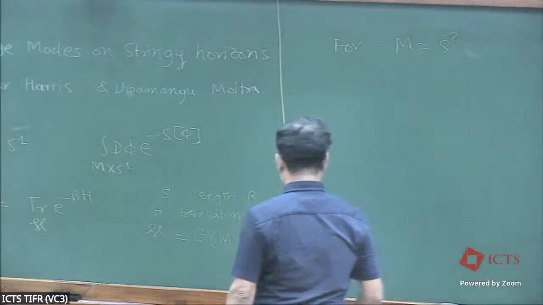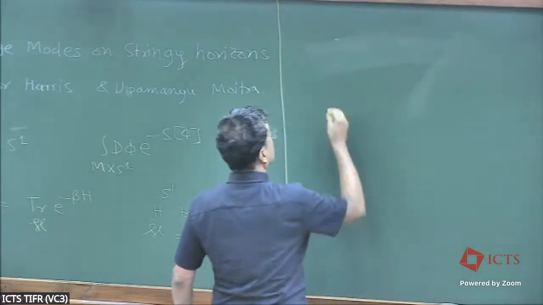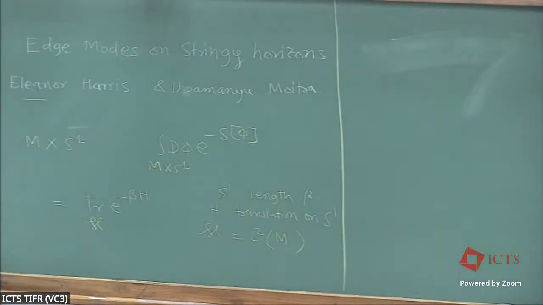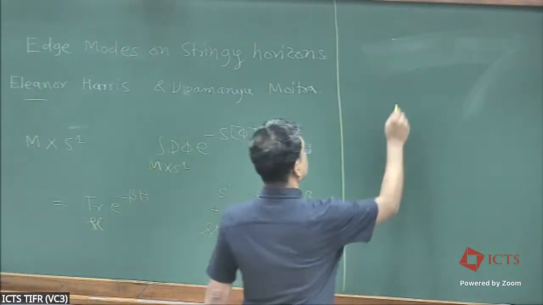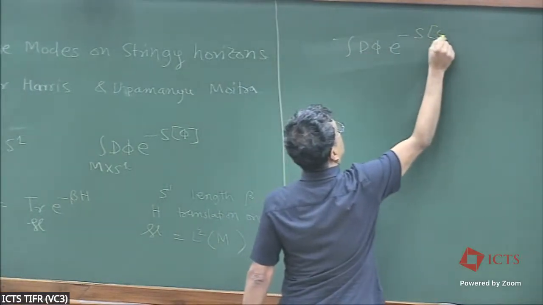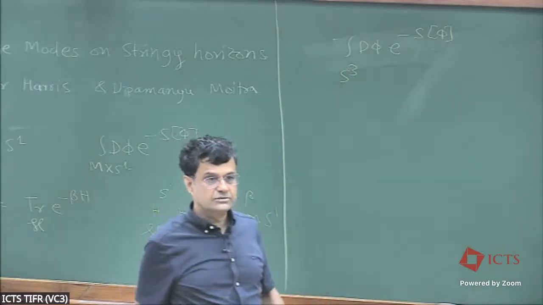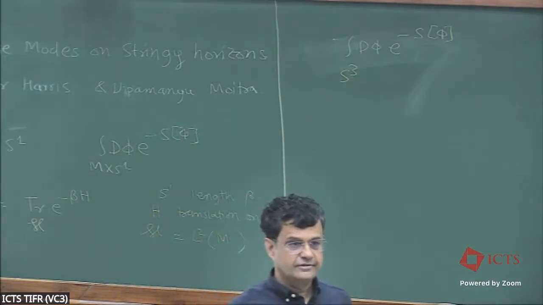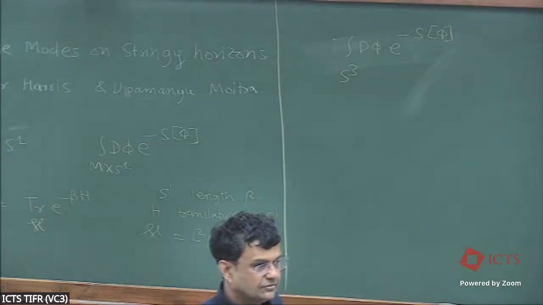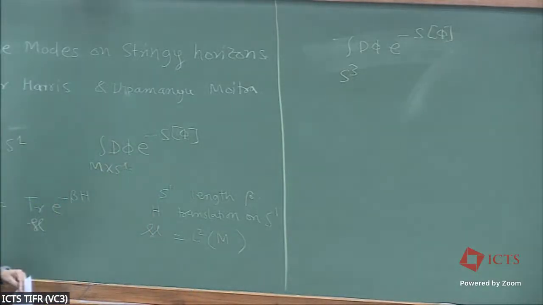But for a generic Euclidean manifold, there is no such interpretation. For example, on S3, there is no natural notion of time slicing by which you can give a state counting interpretation of this kind.